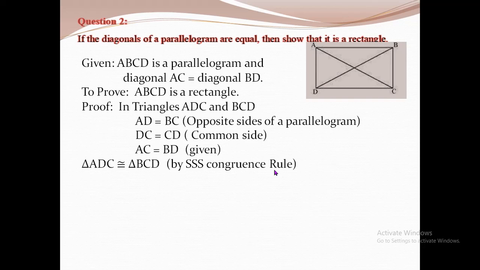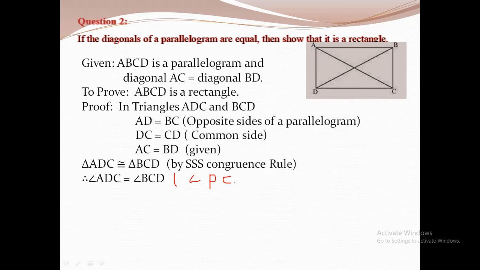Okay. Now when ADC and BCD are congruent triangles, we can compare the corresponding angles ADC and BCD. Angle ADC is equal to angle BCD because they are corresponding angles. Corresponding parts of congruent triangles are equal. This we obtain by, we can write a word here, CPCT.